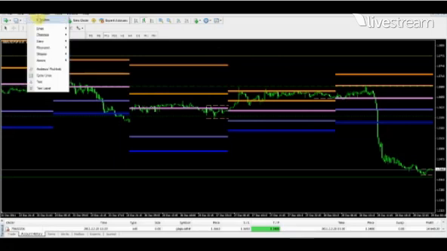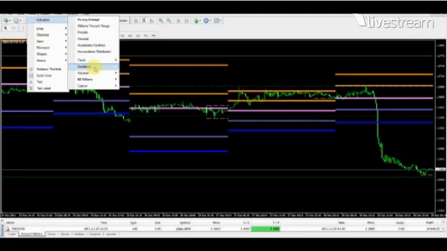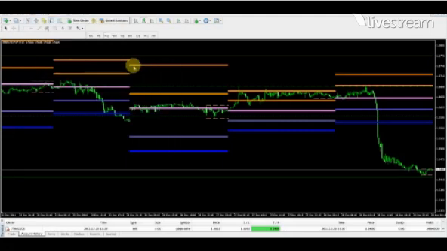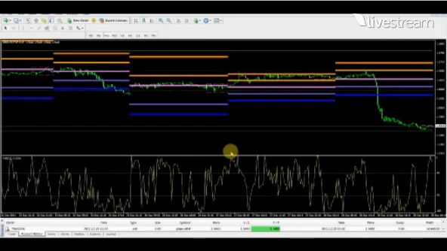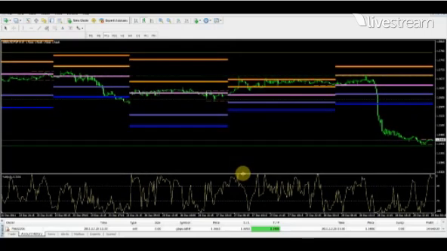If we look at an oscillator, and I'm going to use the one I like, it's the Williams percent R, and we'll use a 10 period. Suddenly overbought means something.